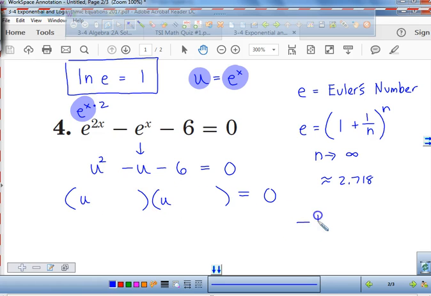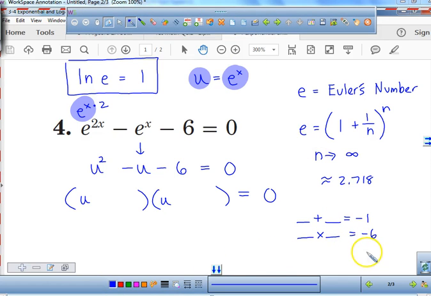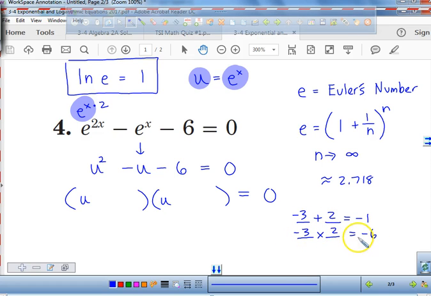You're looking for two numbers that add up together to equal a -1, and two numbers that multiply together to equal a -6. Alright, what did y'all come up with for numbers that work? -3 positive 2. That works here. It also works right here.